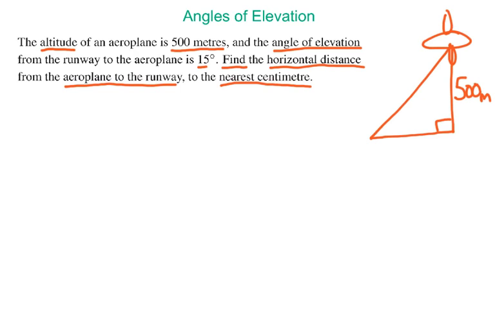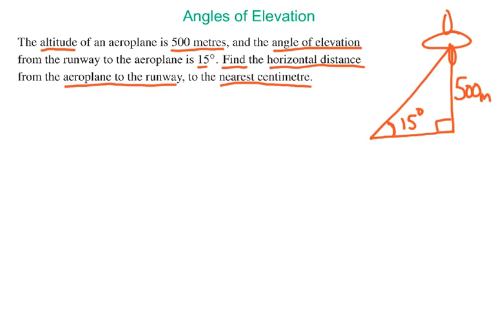With the altitude, they've also told us that it creates an angle of elevation. Now, when we talk about the angle of elevation, it's this little angle here, which is created at the horizontal and looking up at whatever object is in the sky. So that's where your 15 degrees of angle of elevation will be.